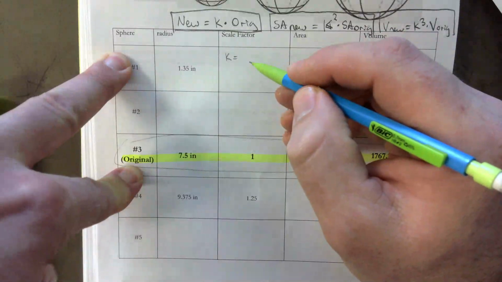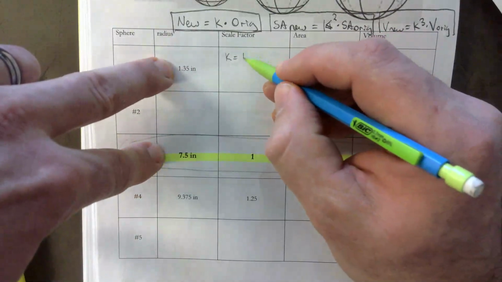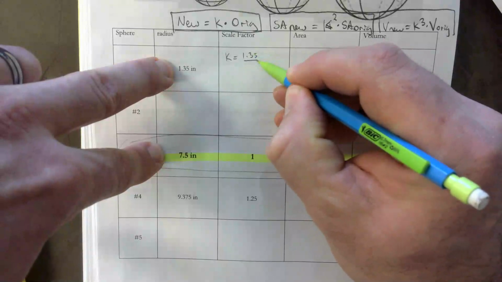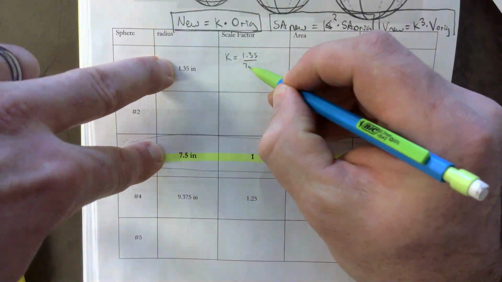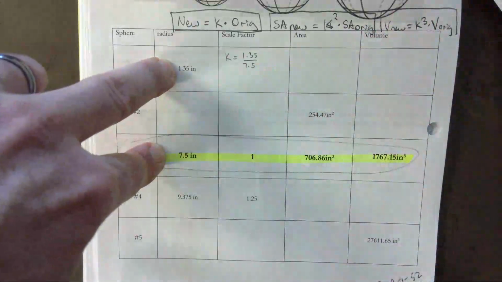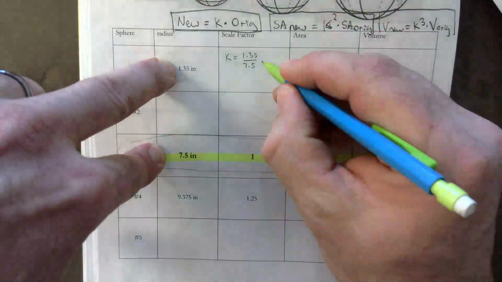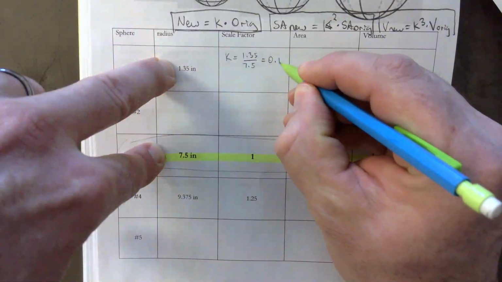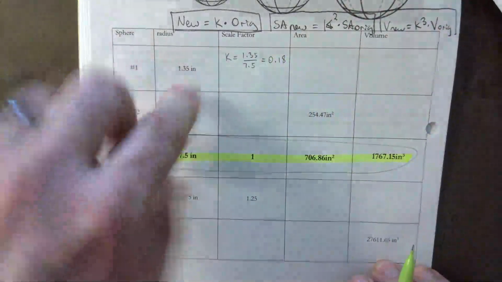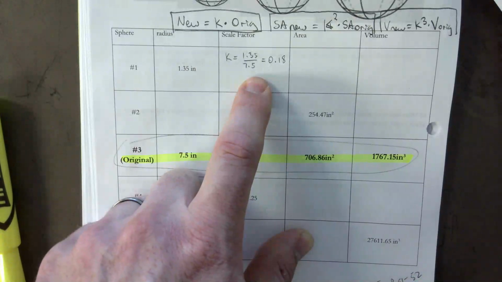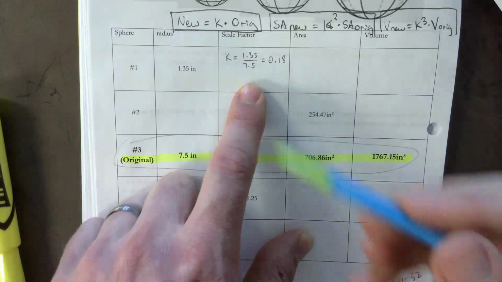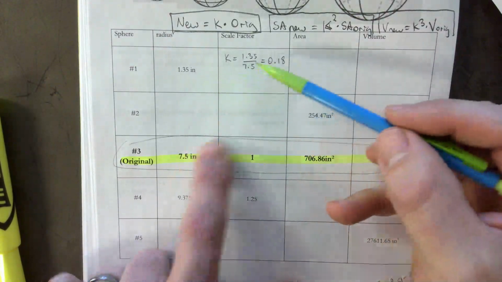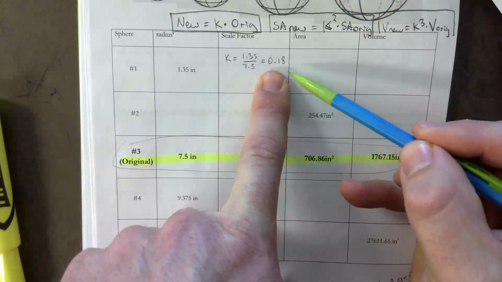I'm just going to go new over original. And what is that? Some of you figured that out already. 0.18. You got it. No rooting, right? We don't need to square root or anything, because it's just taking the radii and dividing it. Boom.